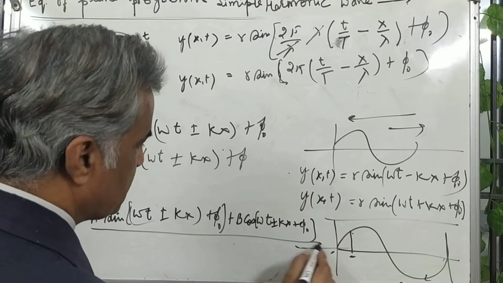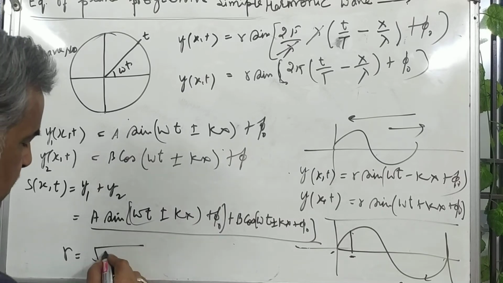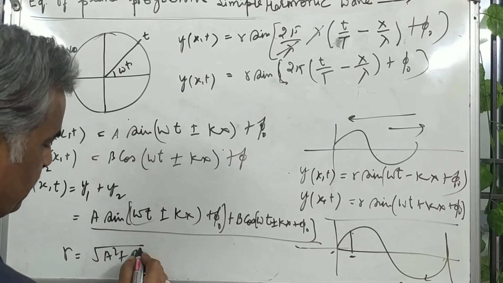On simplification, you will write s(x,t), and the resultant amplitude, let it be amplitude C or R, equals root of A squared plus B squared.